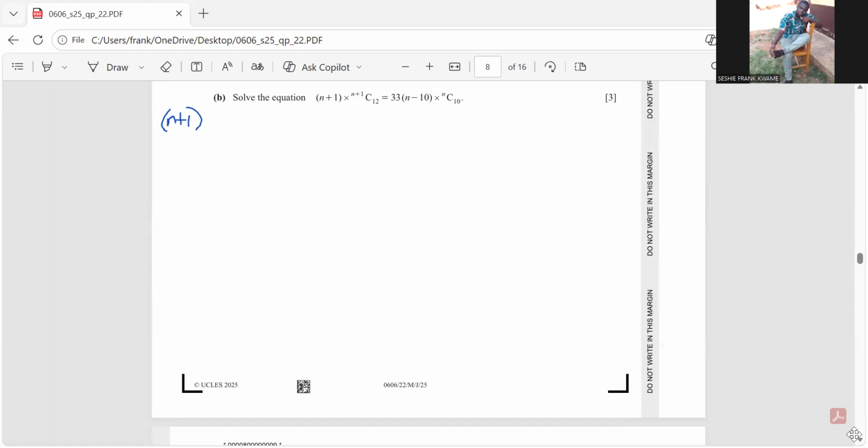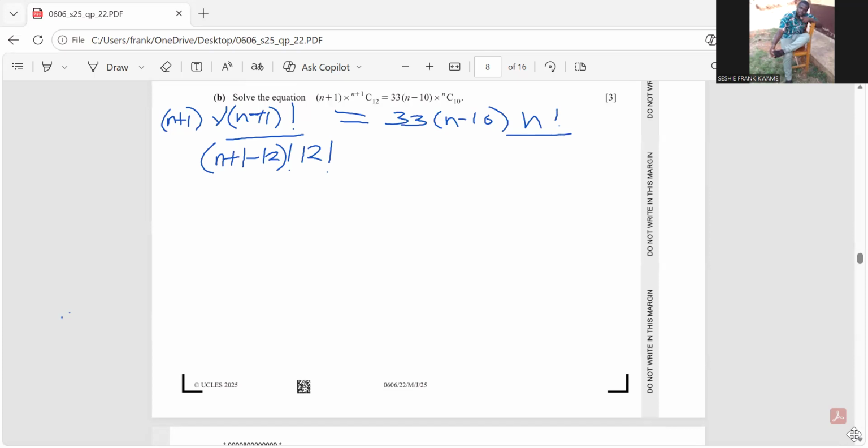So (n+1) combination 12 is going to be (n+1) factorial out of (n-11) factorial times 12 factorial, and that should be equal to 33 times n combination 10, that's n factorial out of (n-10) factorial times 10 factorial.